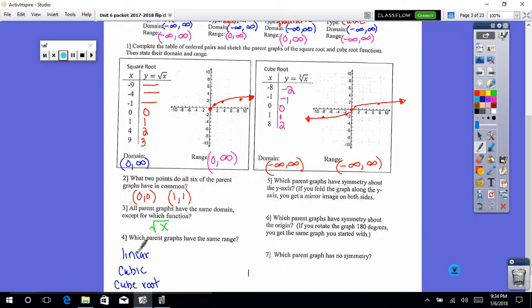Again, all of these are negative to positive infinity. Then we have the other group of ranges that are 0 to infinity. And that would be our absolute value, our quadratic, and our square roots.